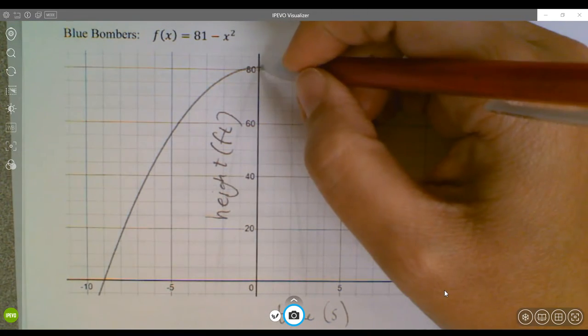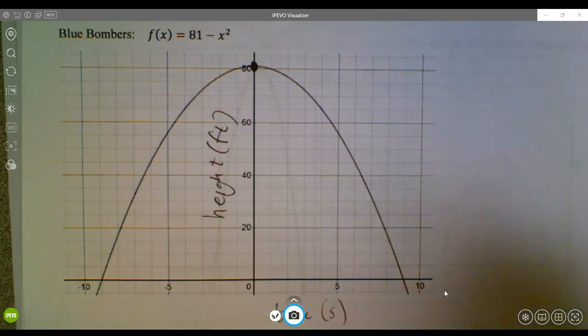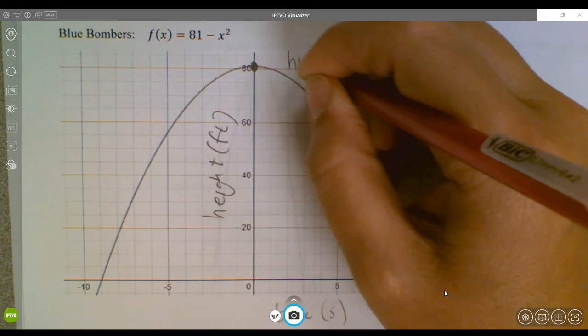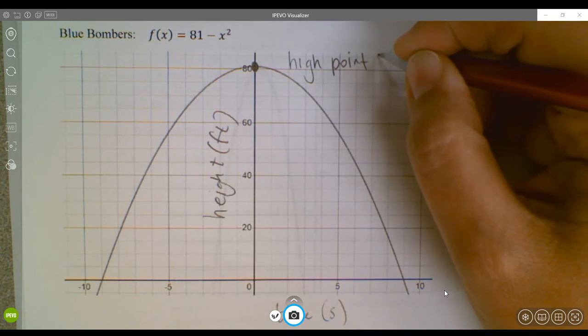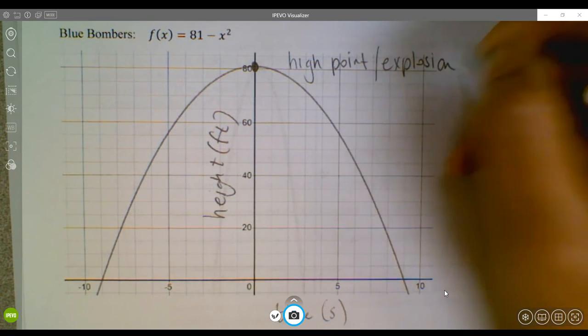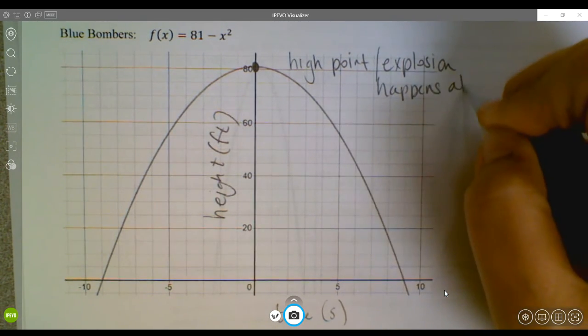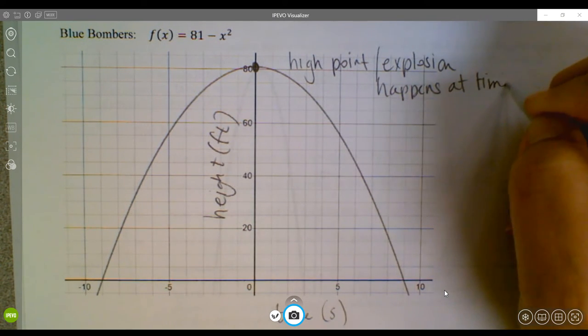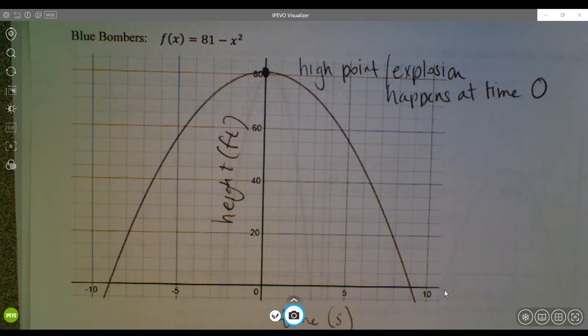So what you'll notice is the high point actually happens here at time 0. It's not just the high point, it's the explosion. It happens at time 0. And I don't know about you, but I don't want to have a firework explode at time 0. What if I'm still holding it? Sometimes you do that. All right.